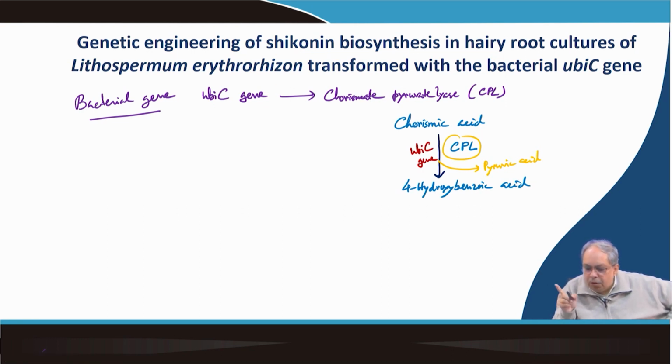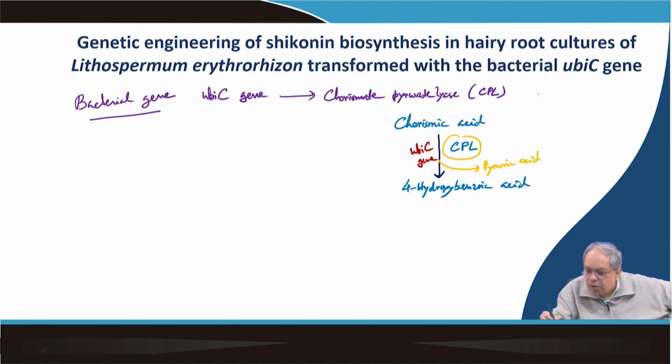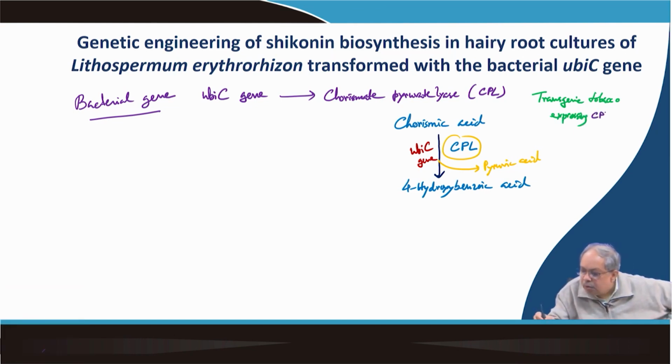Chorismate pyruvate lyase converts chorismate to 4-hydroxybenzoic acid in a single step, and once this gene was available, they tested it in tobacco. In transgenic tobacco expressing the CPL enzyme, it produces a huge amount of 4-hydroxybenzoate.